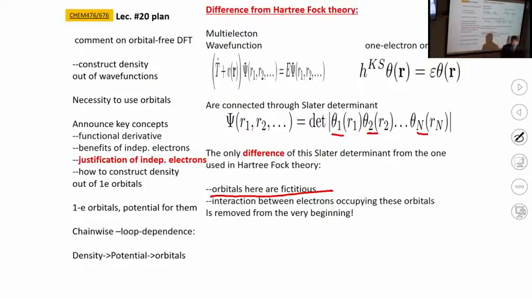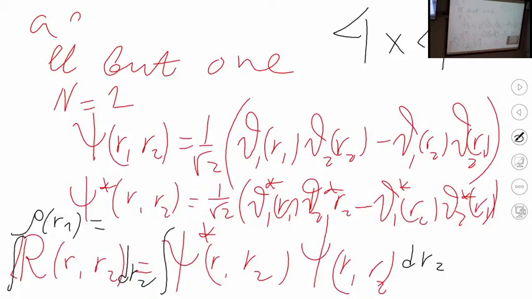But I'm going to show a very trivial thing: how to get total density out of a Slater determinant. I do not have time to do it for 3, 4, or 100 electrons. We will do it just for 2, and you will be positively surprised by the answer.